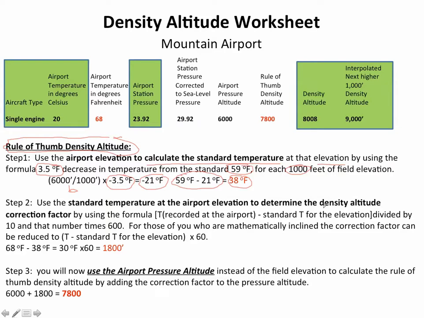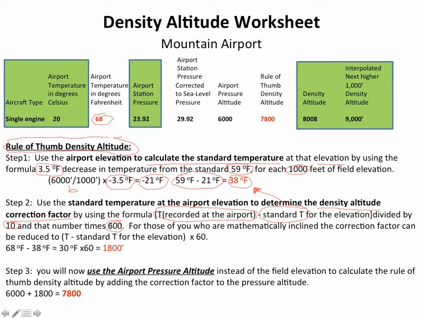So we're going to get a density altitude correction factor by using the formula. The temperature recorded at the airport, which was 68 degrees, minus the standard temperature, which is right here, 38 degrees. We're going to divide by 10 and multiply by 600.